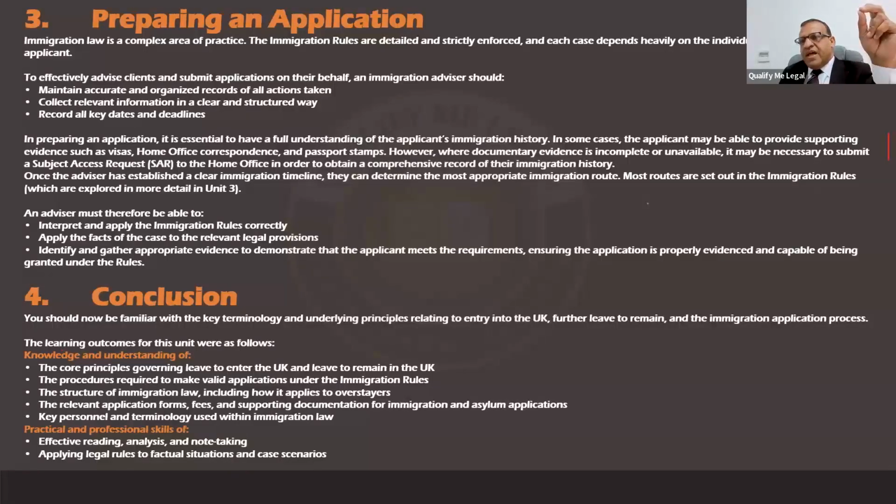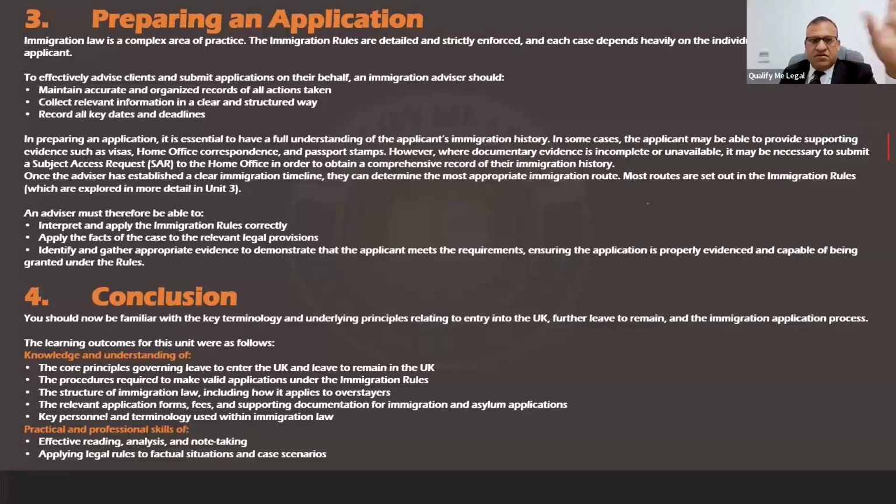Because if, without qualifying, you have started this practice, then it's an offense within the UK, and it's a criminal offense, and you can face regulatory repercussions. You can even face criminal offenses if you're not qualified and you have made a professional mistake. So be careful before doing any immigration law practice.